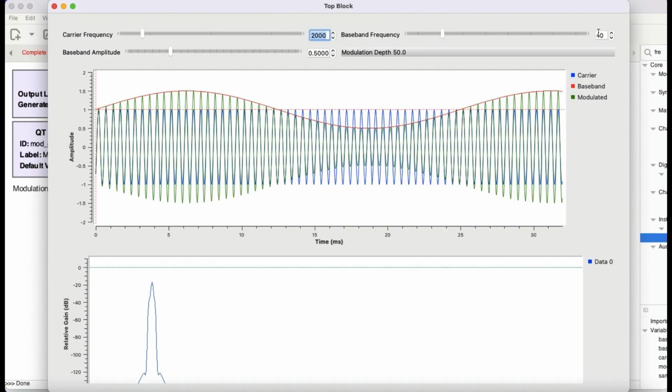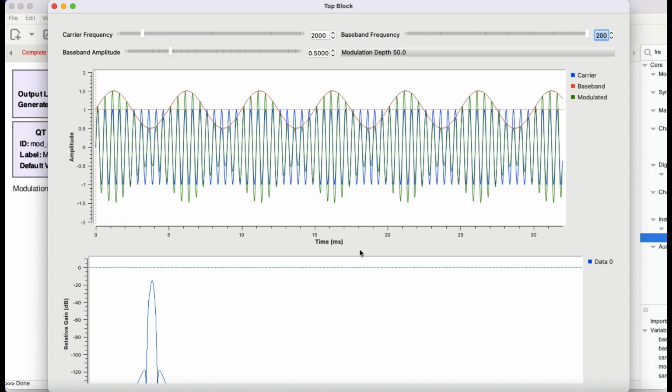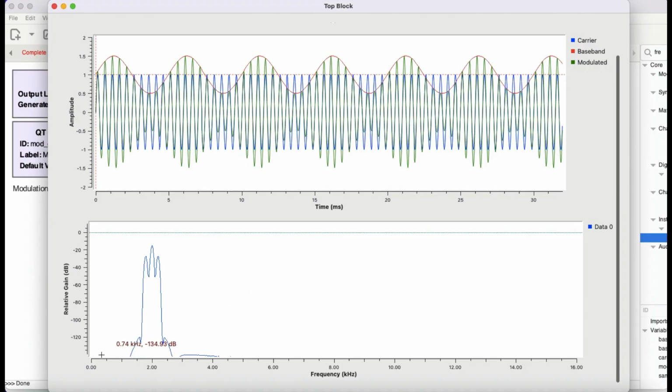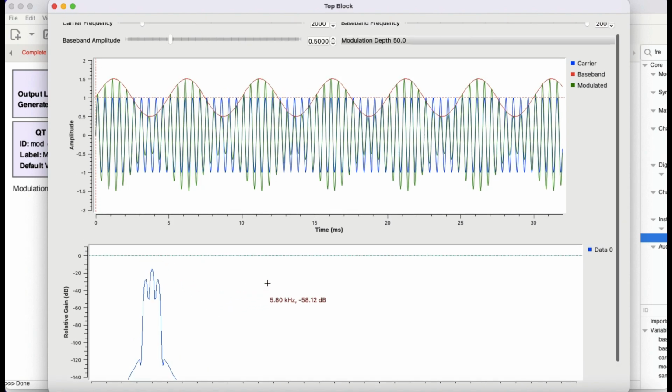All right. And let me go here about 200. So now you're only seeing the positive part of the frequency. So you are somewhere around 2200 hertz and 1800 hertz right here. So you can clearly see this.